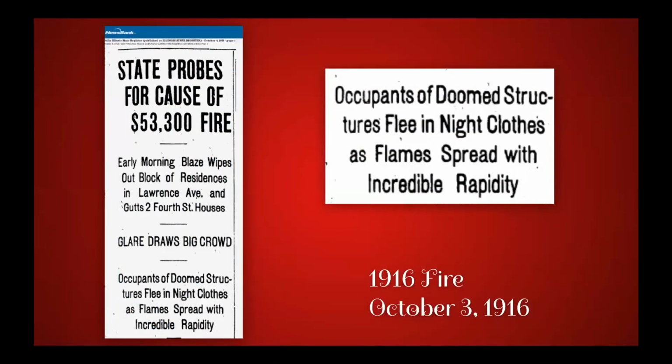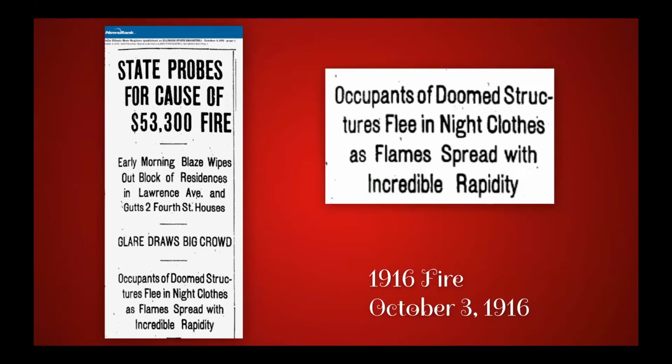On October 3rd, 1916, fire broke out in the basement of Mrs. Atwood's flat. The newspaper headline the next day read, "Occupants of doomed structures flee in night clothes as flames spread with incredible rapidity." The paper reported that Mrs. Atwood woke up to flames and her hair and eyebrows were singed.